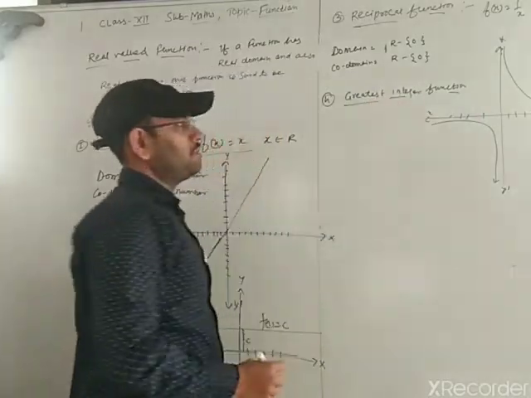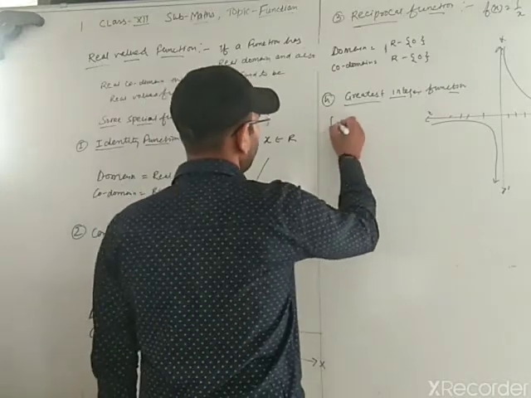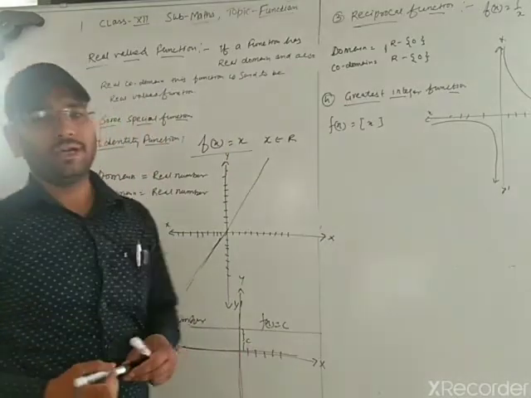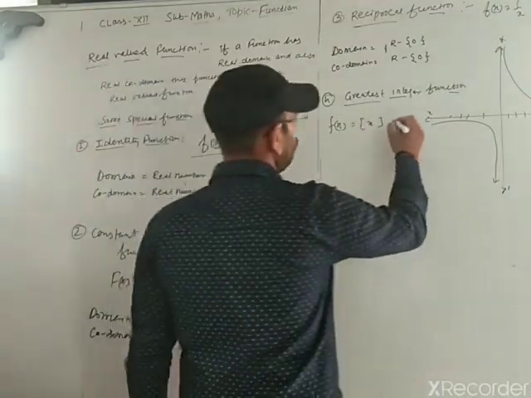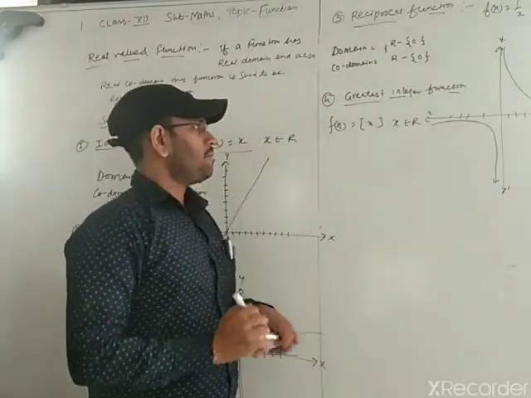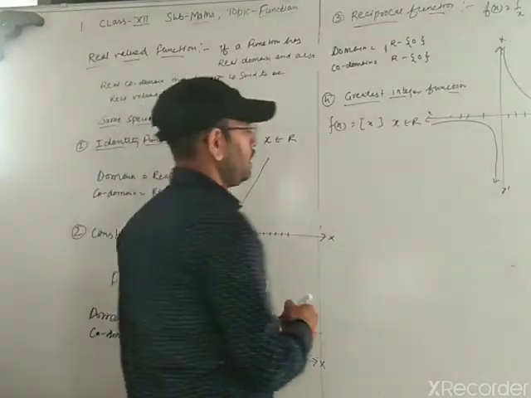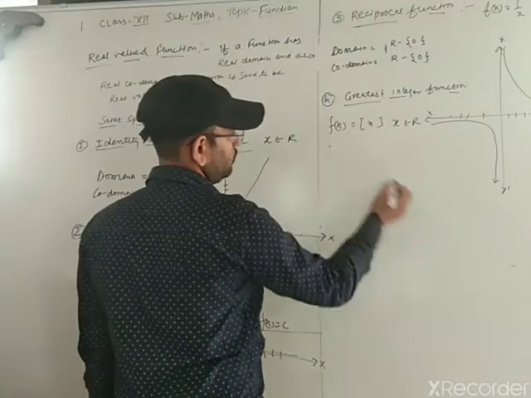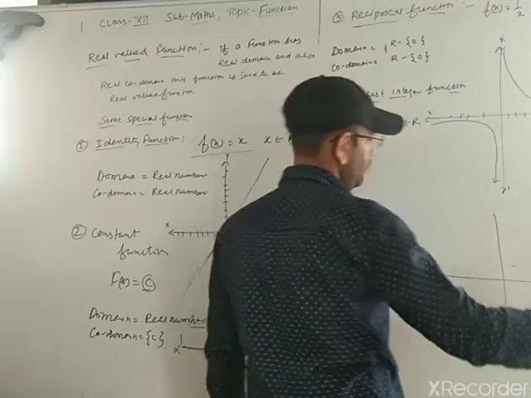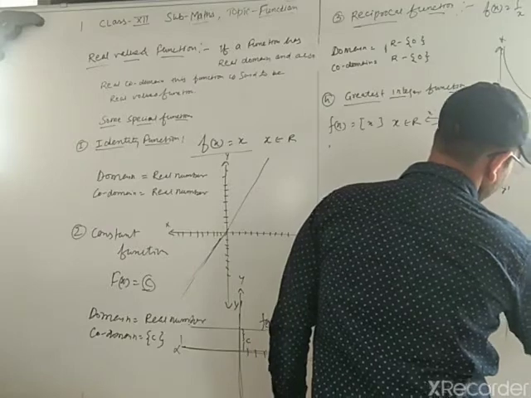It is a very important function, and we denote the greatest integer function by f(x) = [x], where x belongs to real numbers. Clear? Before going to the graph of this one, first we'll draw a graph. 1, 2, 3, 4, 5, 6, 7, 8.